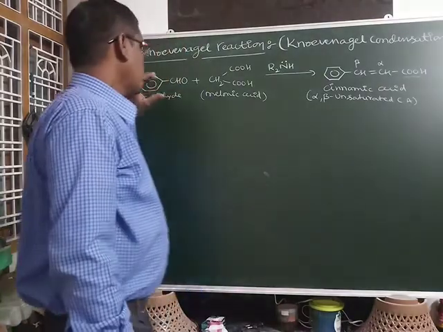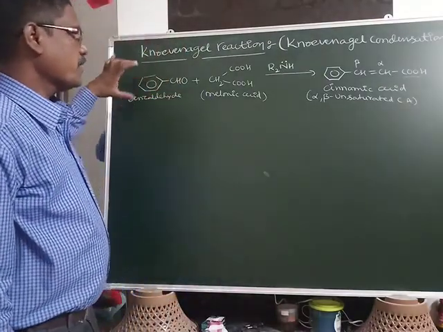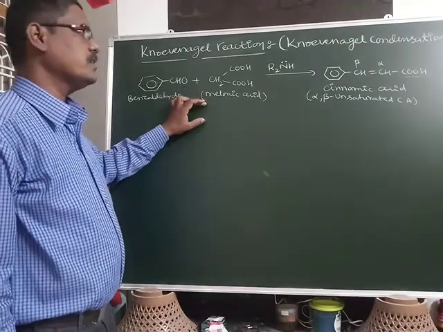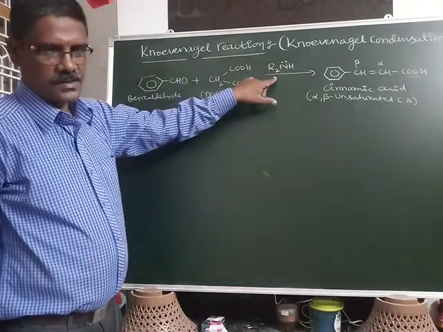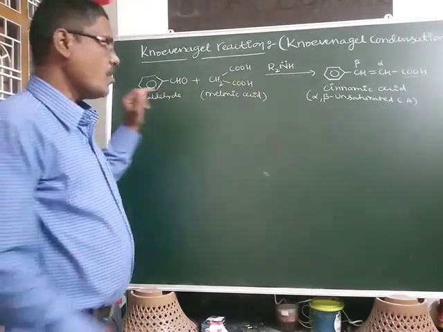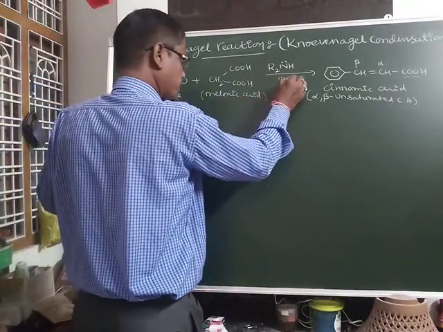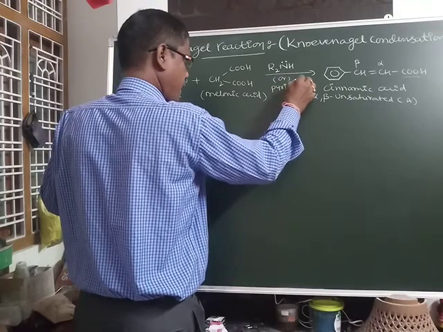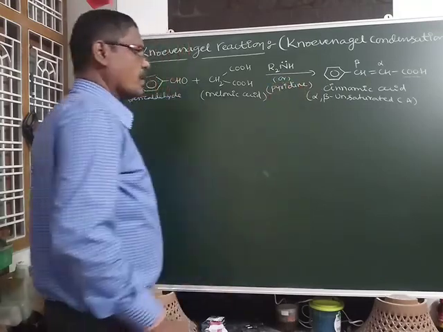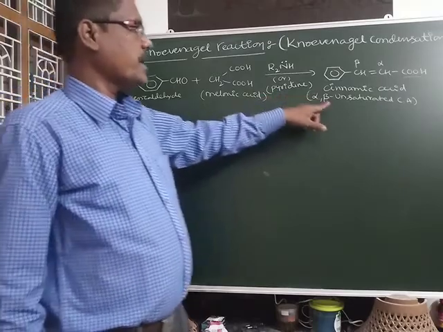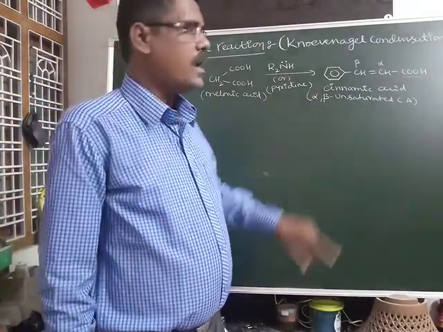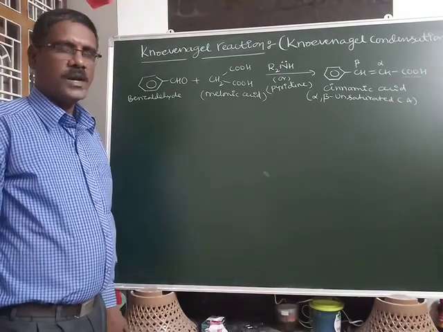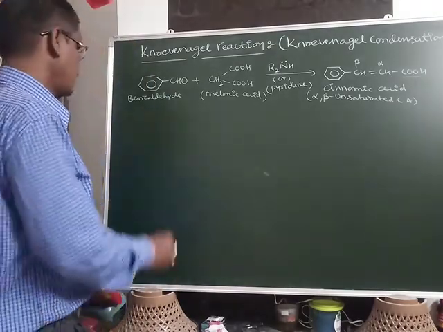So benzaldehyde reacts with the active methylene compound, malonic acid, in the presence of a base like a secondary amine or even pyridine, to form cinnamic acid, an alpha beta unsaturated carboxylic acid. This is known as the Knoevenagel condensation or Knoevenagel reaction.